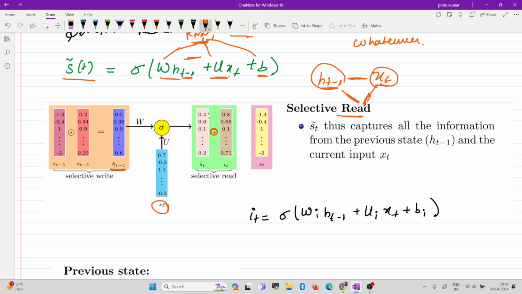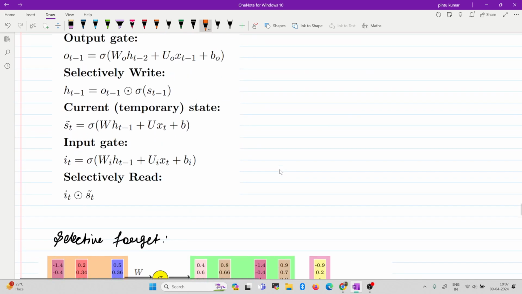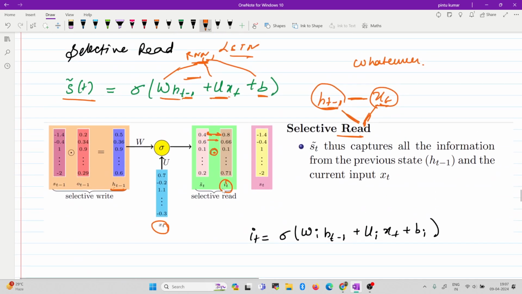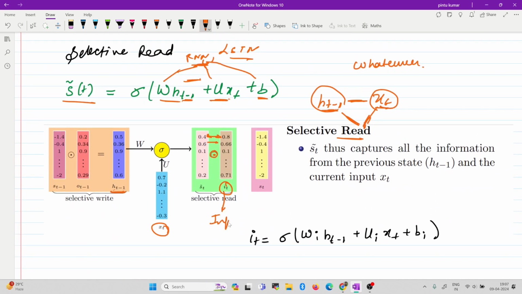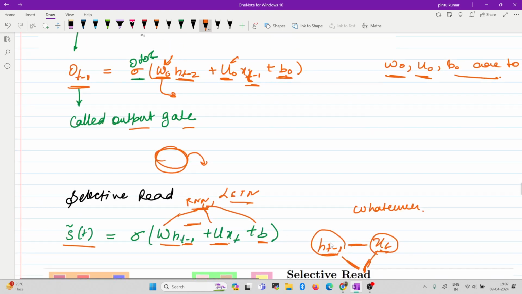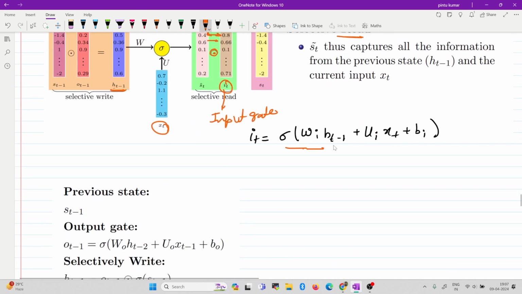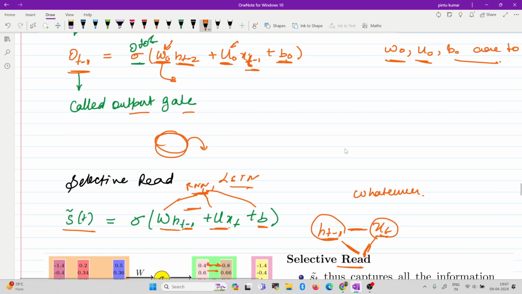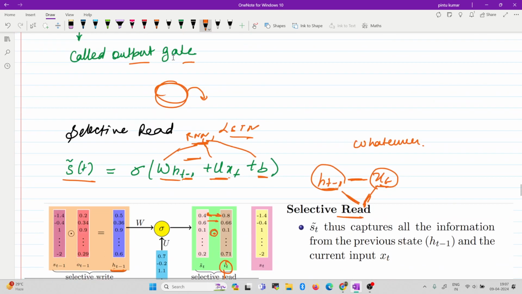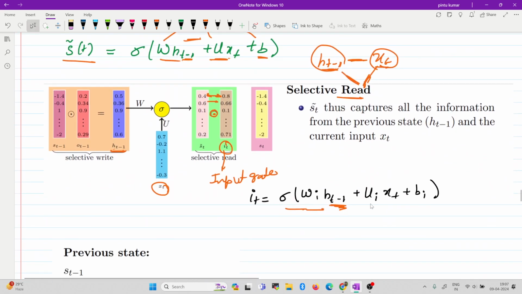So we again do a pointwise multiplication with a vector i of t. This is called the input gate. This is also similar to what we defined for the output gate. So this is Wi times h of t minus 1. Earlier we had h of t minus 2, now we have only h of t minus 1.